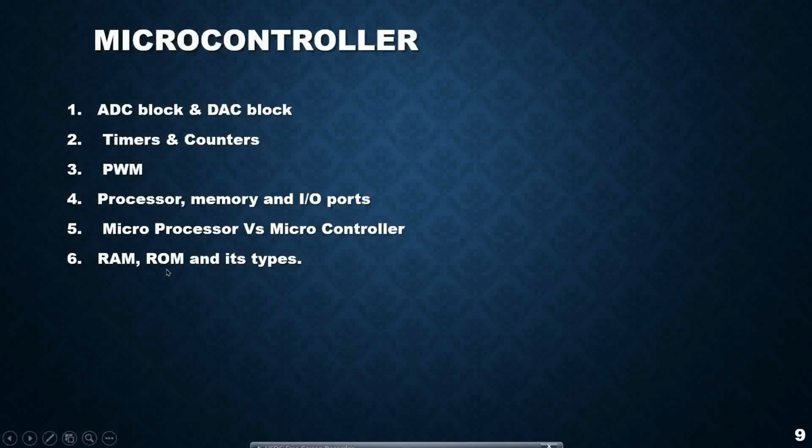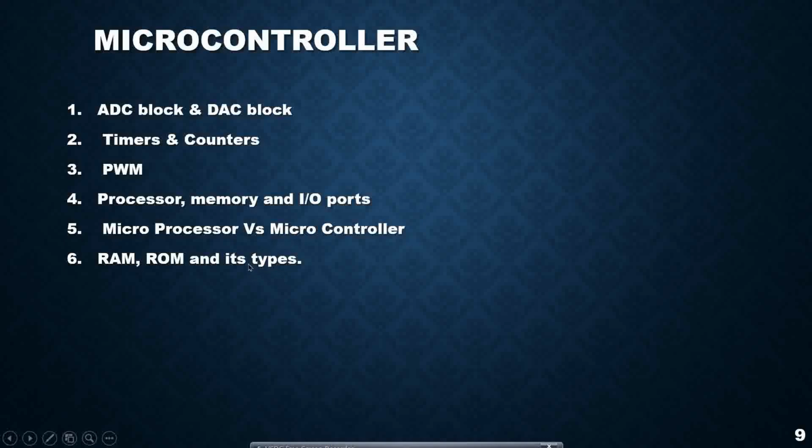For ROM, one example of its types is erasable programmable ROM, that is erasable programmable read-only memory. It's a non-volatile type of memory, but it erases the contents present in it when it is subjected to UV rays or ultraviolet rays.